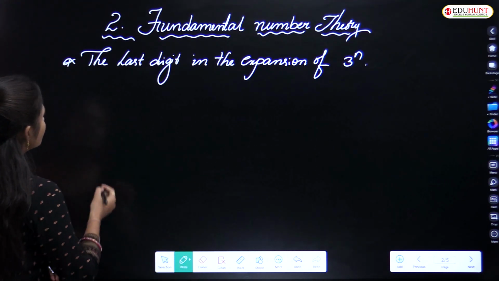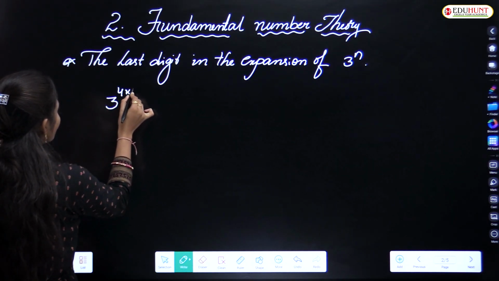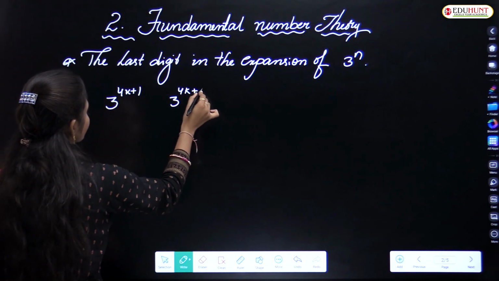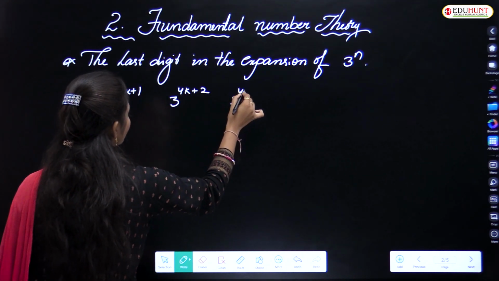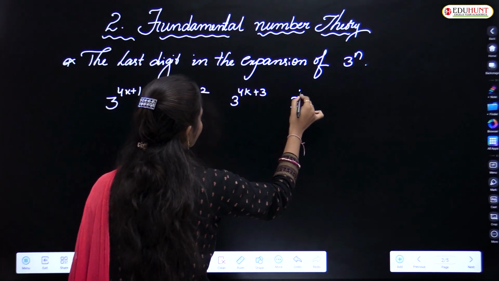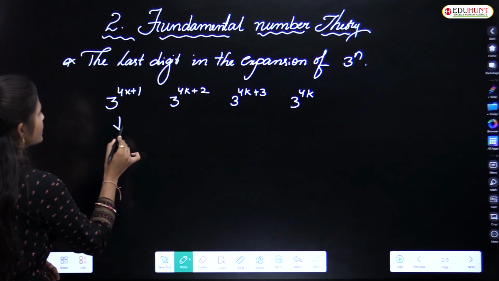Okay, just try yourself. If the number is in the expansion of 3 power 4k plus 1, or 3 power 4k plus 2, or 3 power 4k plus 3, or 3 power 4k, if it is of any one of those forms, then what are the last digits?